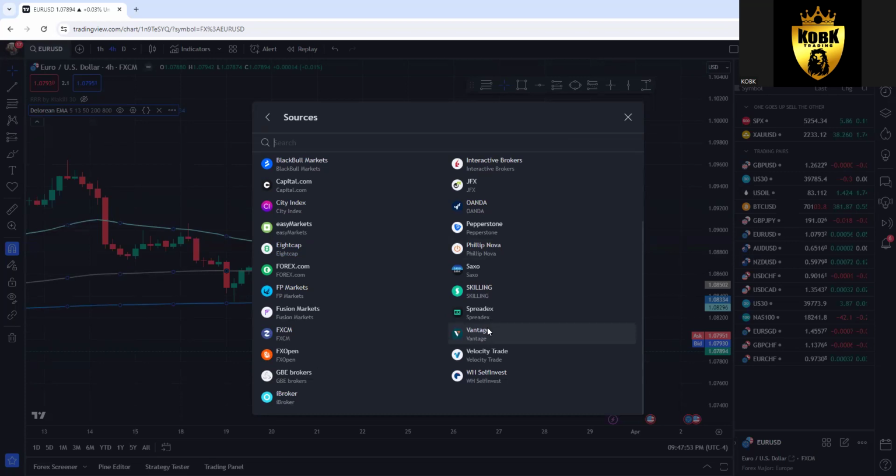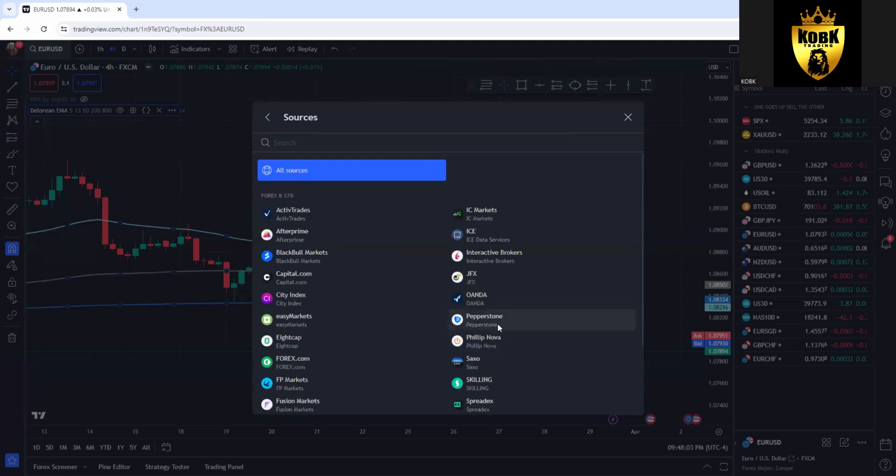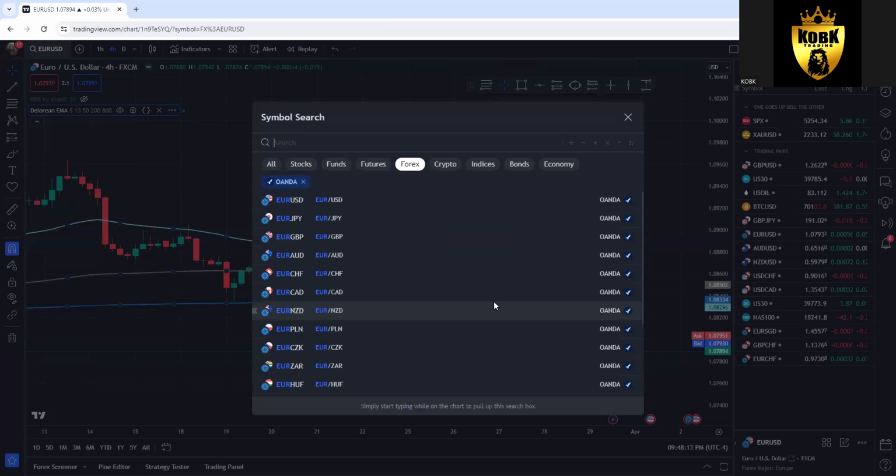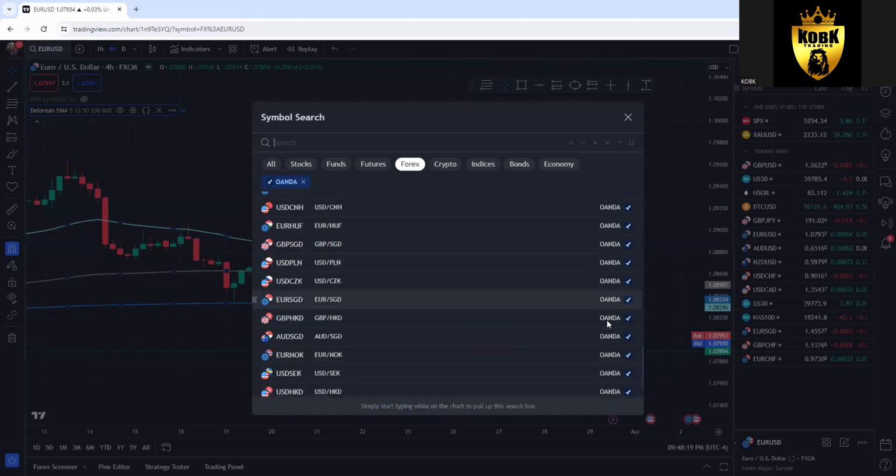The reason they have so many is that different brokers offer different prices for certain things, and some brokers do not have crypto. So if you decide to use this AGB on crypto, you might have to select a different one. I'm going to select Oanda, however you guys want to say it, everyone's different. Now I'm going to delete that. And as you can see, all my Forex pairs are under Oanda the farther I go down.